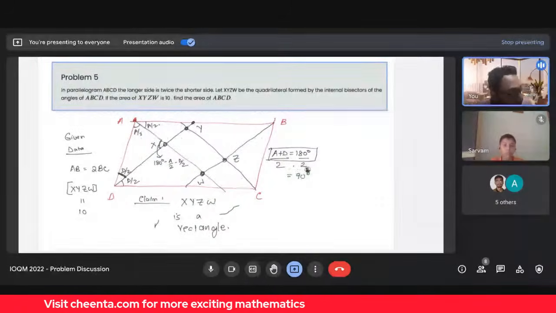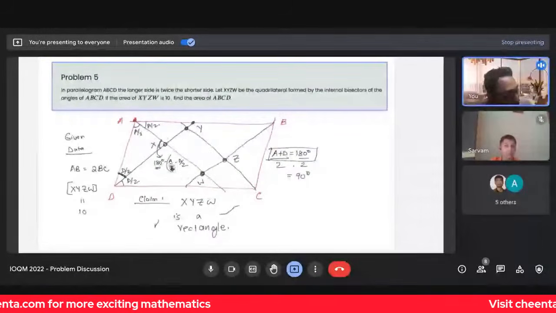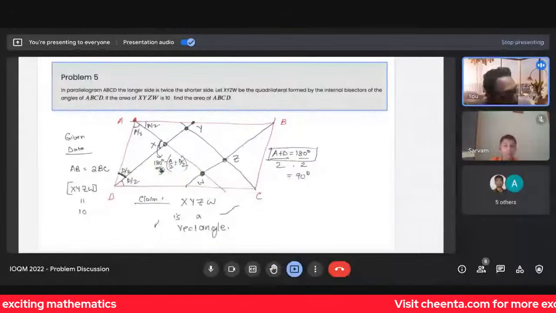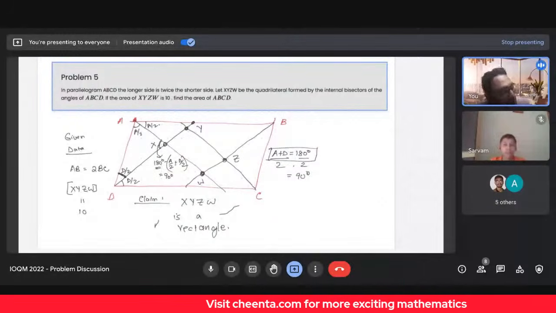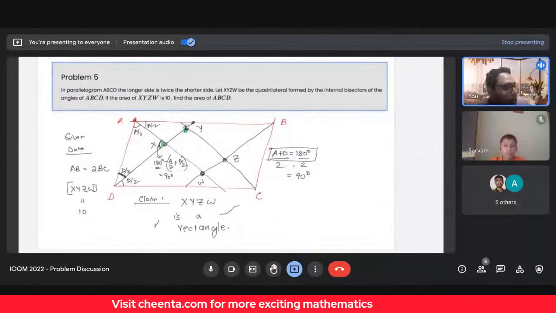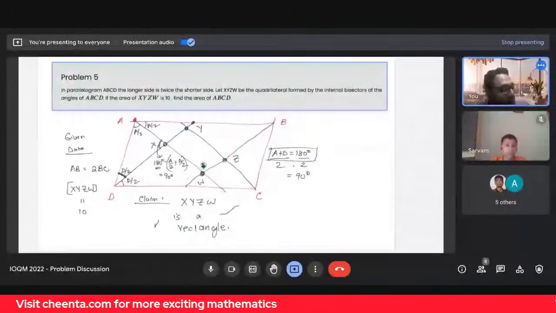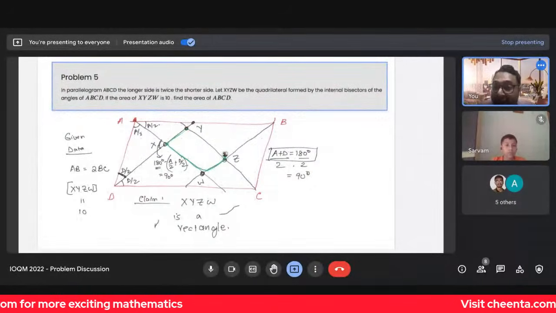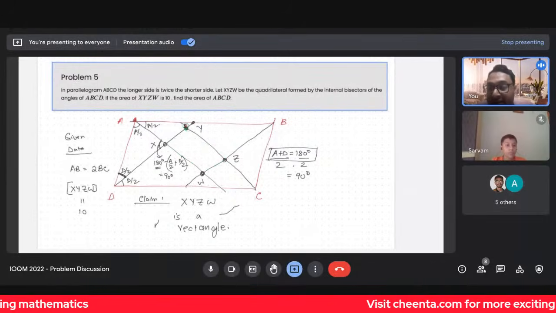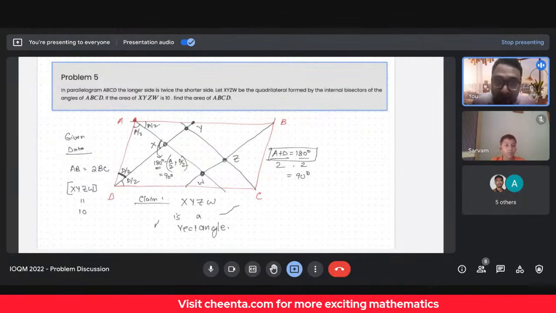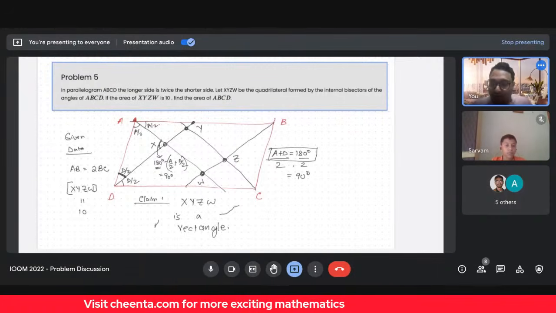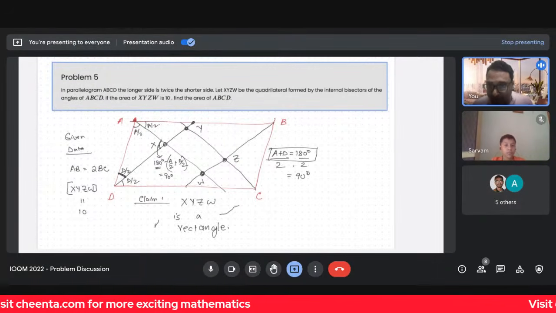So 180 degrees minus (A/2 plus D/2) will be just 90 degrees. So this angle right here is 90 degrees. Similarly, you can show that all of the corner angles of this quadrilateral in between are 90 degrees, making it a rectangle. So XYZW is a rectangle, which is a first observation.